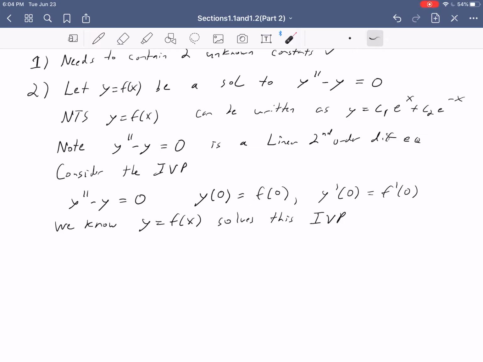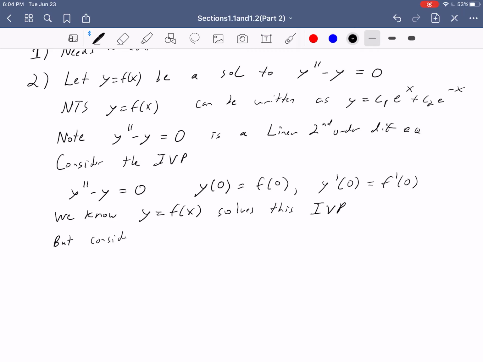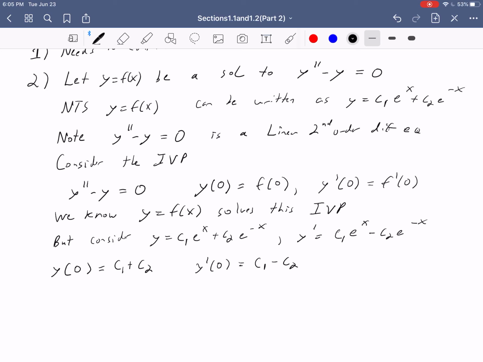But consider y equals C1 e to the x plus C2 e to the negative x, with y prime, of course, being C1 e to the x minus C2 e to the negative x. Notice that y at 0 here would be C1 plus C2, and y prime at 0 would be C1 minus C2.